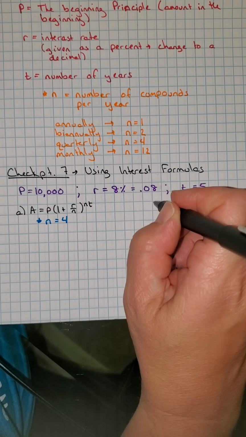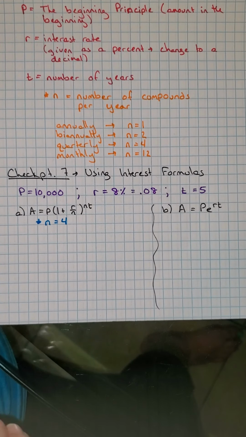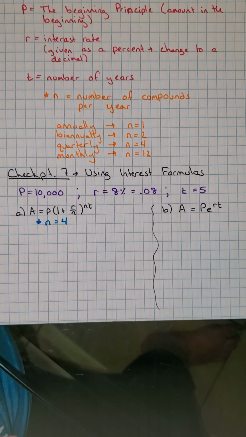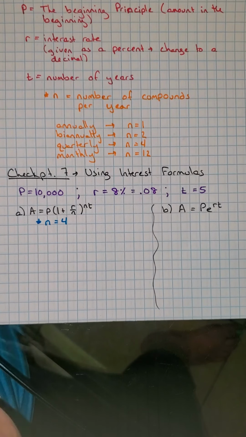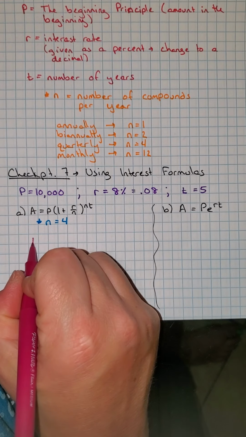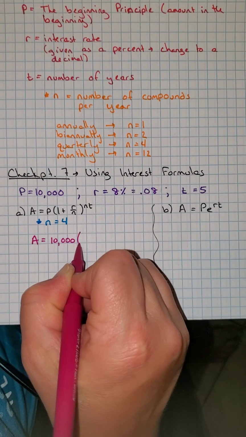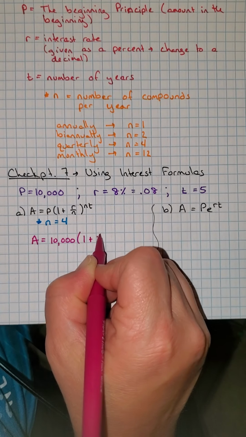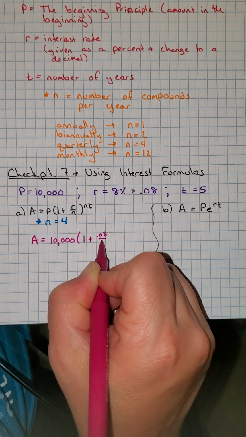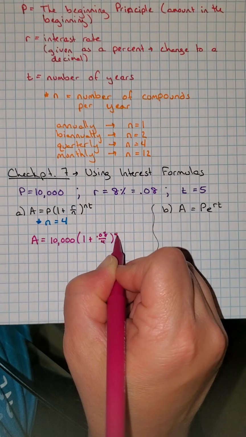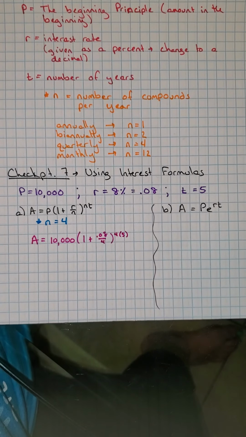We don't need anything additional on that one. So you just get everything plugged in and it basically becomes a calculator problem. So we have 10,000 times 1 plus 0.08 over 4 to the 4 times 5.